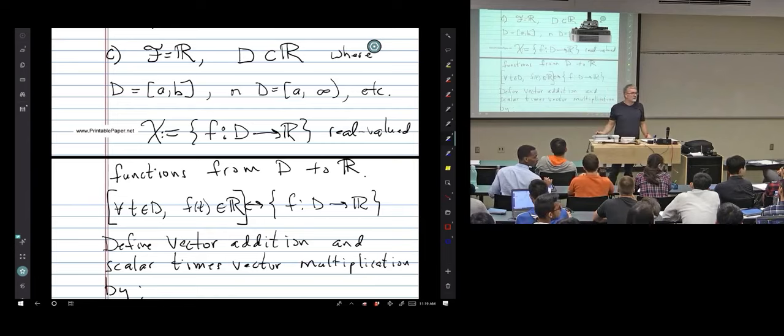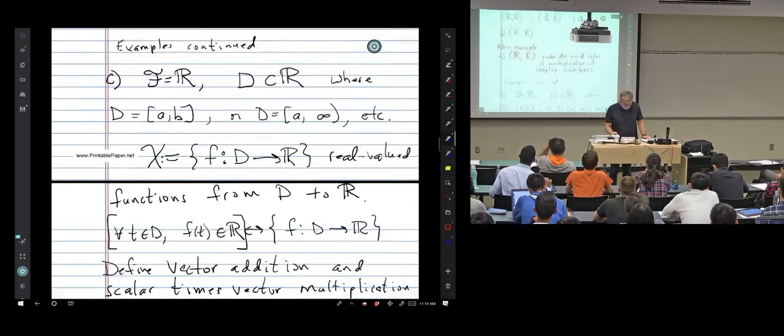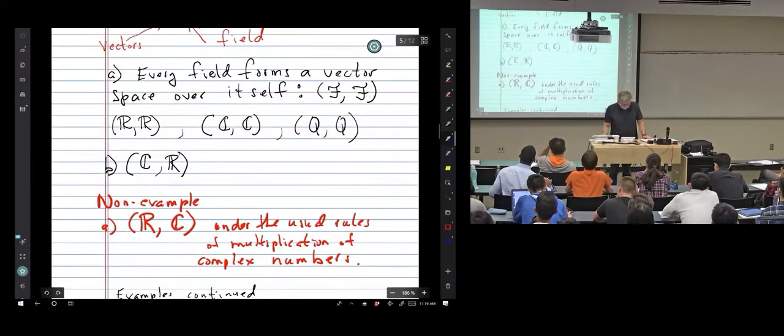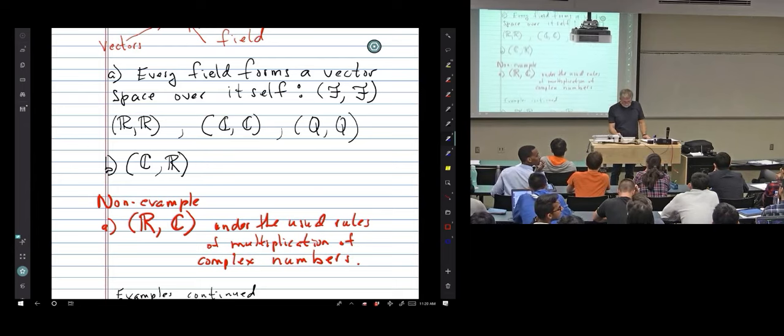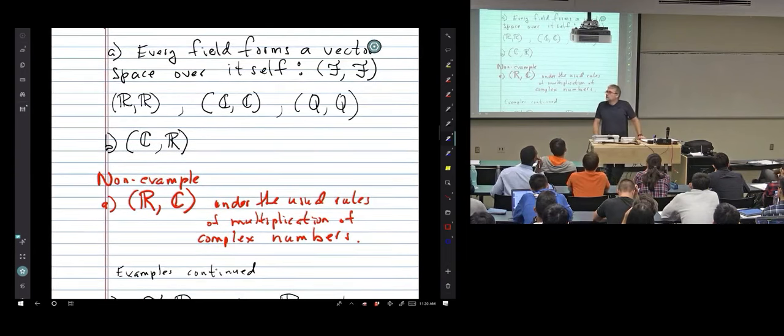There's a question over here. So if we go back to the example of vector space, the complex number, the real number is the scalars of the real numbers are a subset of the complex number, right? Mm-hmm. So if we have, for every two fields A and B, if B scalars are a subset of A scalar, is it true for every A and B that A comma B is a vector space? I think that would work, yeah.